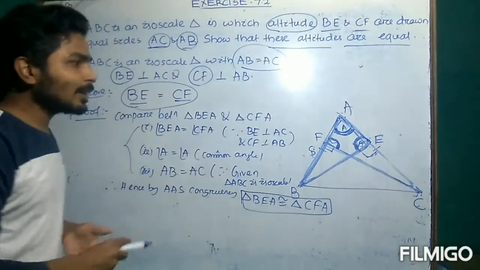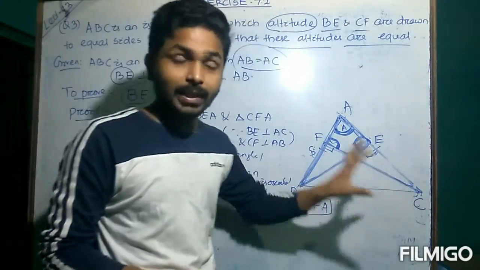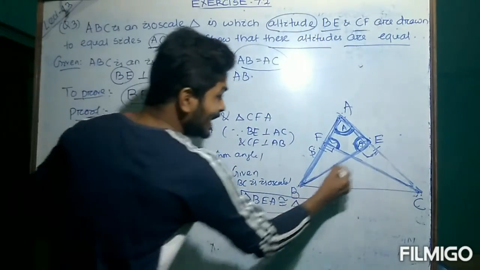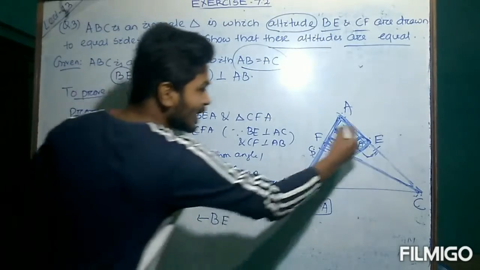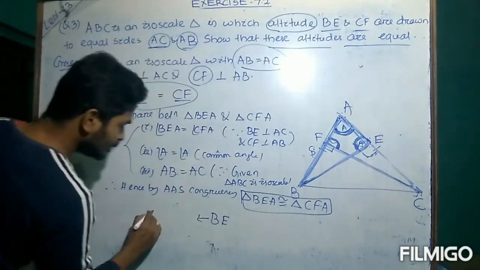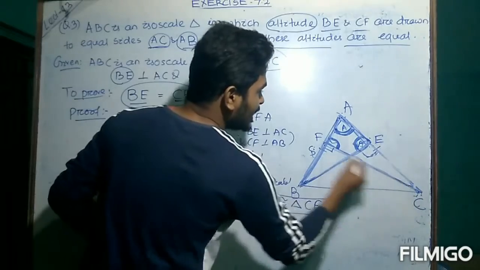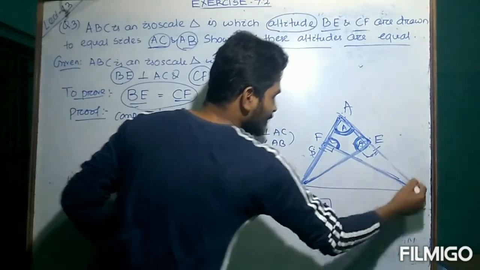Now tell me, according to Theorem 7.2, we know if any two triangles are congruent, then their corresponding sides must be equal. Right? Now, BE is a side of which triangle? Triangle BEA. Similarly, CF is a side of which triangle? Triangle CFA.